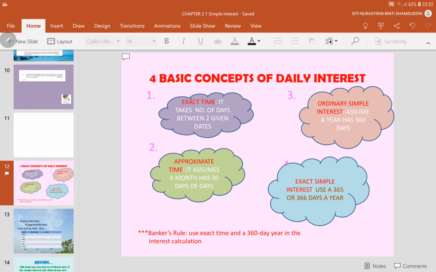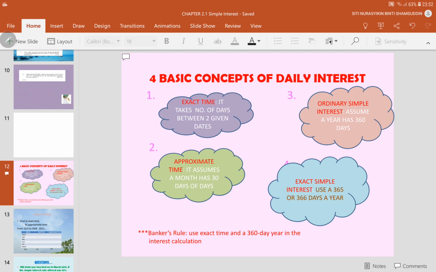For example, Ali invests 10,000 ringgit on 1st January 2020. How much will he earn on 31st March 2020? You can see the question did not mention how long the investment period is, but it gives you 2 different dates. So we have 4 basic concepts that we can use.